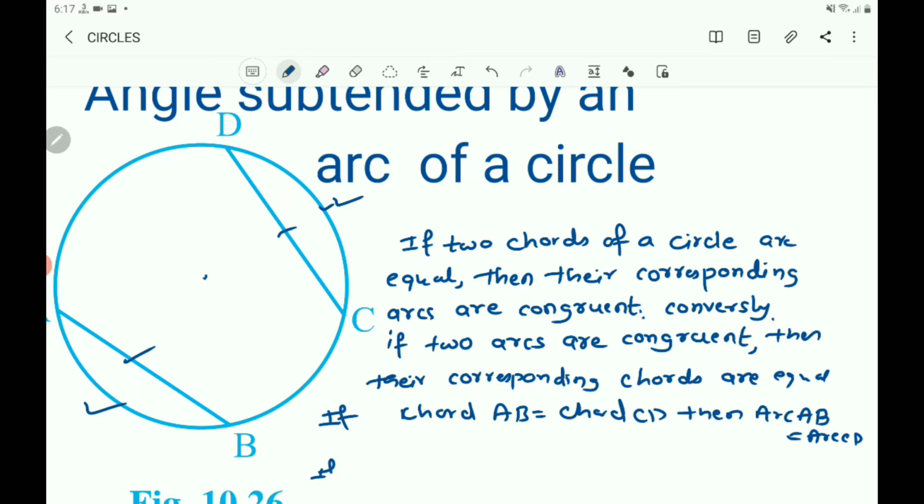And if arc AB is congruent to arc CD, then chord AB equals chord CD. That is about the arc and chord.